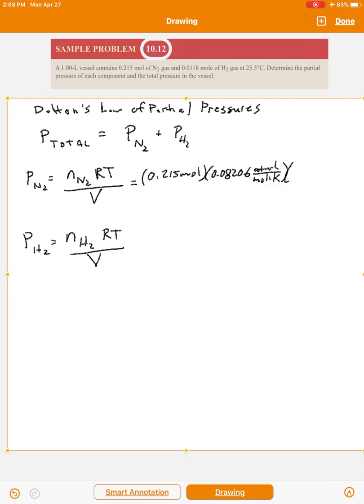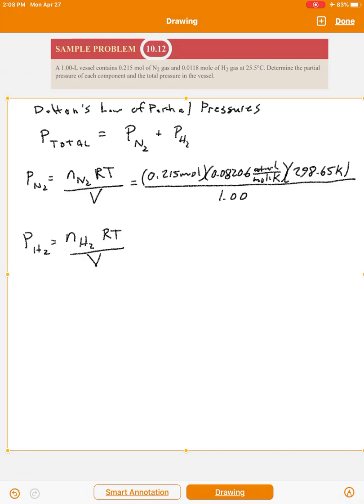And then the temperature is 298.65. How did I know that? I took 273.15 and I added it to the temperature in Celsius, 25.5. So if you add those together, you get 298.65. Okay, what's the volume? The volume is 1 liter. Oh, that's nice. That makes the arithmetic easy, right?